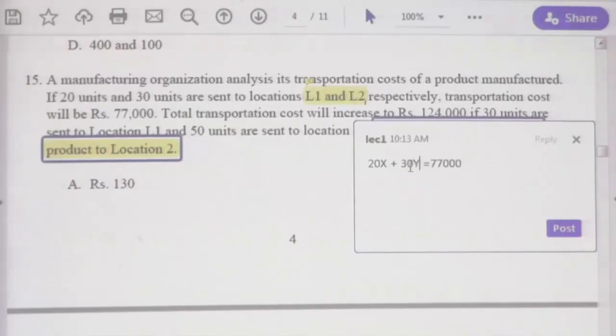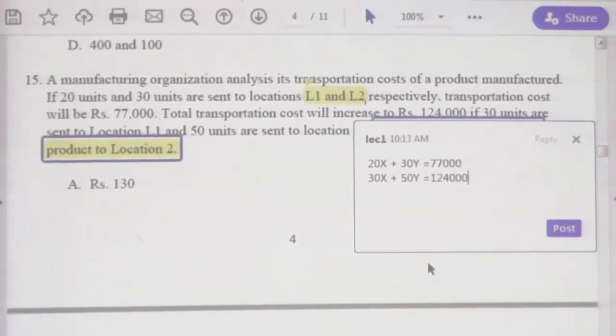These are the units you are sending, 30 and 20. Therefore, total cost will be 77,000. Again, they have mentioned if you send 30 units for location L1, the cost is x, and 50 units to location 2, cost of location 2 per unit y, the total cost will be 124,000, right.